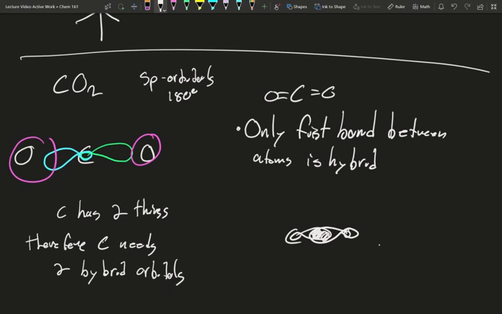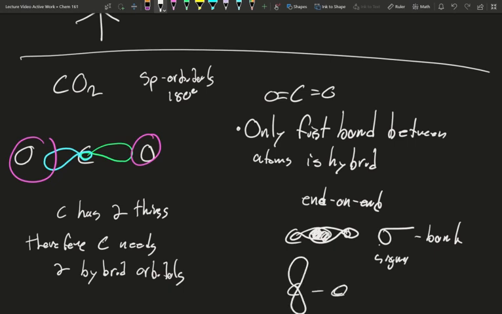Well, we have some terms for it. If you are end on end, this is a sigma bond. Sigma bonds are much better at overlapping, so they are stronger as a general rule. You then have the option for your multiple bonds, if you have them. We kind of just draw them overlapping on top and bottom. Now remember, this is a p orbital.